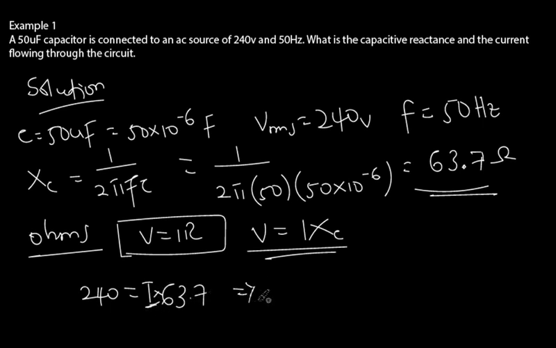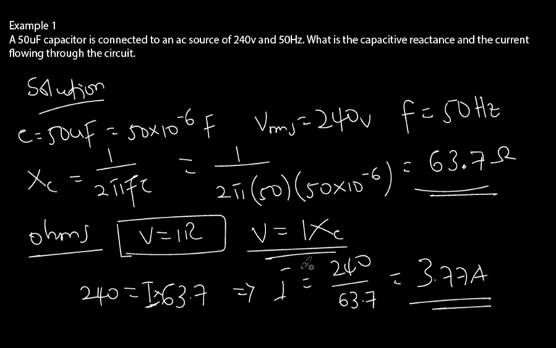So we just divide: our current will be 240 divided by 63.7, and we get our current to be 3.77 amperes. So this is how we solve a question on a capacitive circuit.